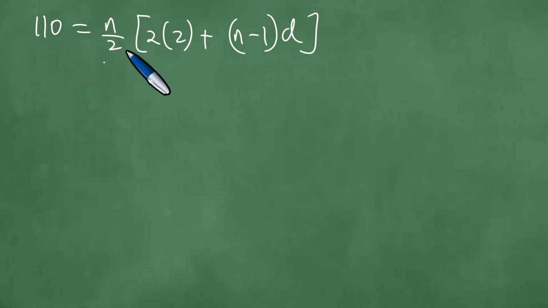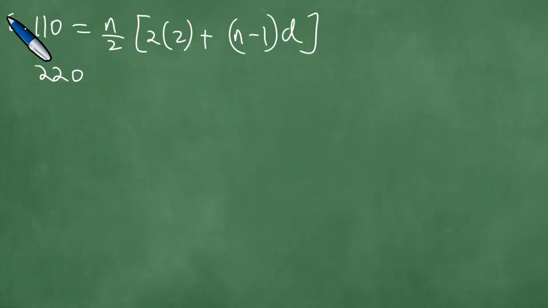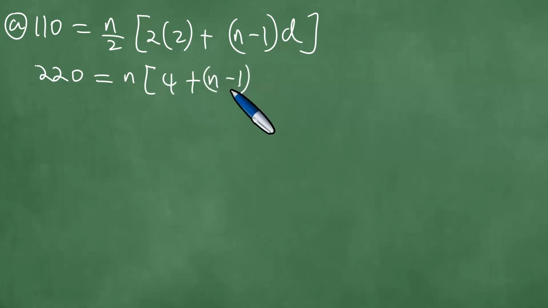So we can cross multiply now. 2 by 110 is 220. We're still continuing with part A. That is equal to n into, what is 2 by 2, is 4, plus n minus 1 into d.